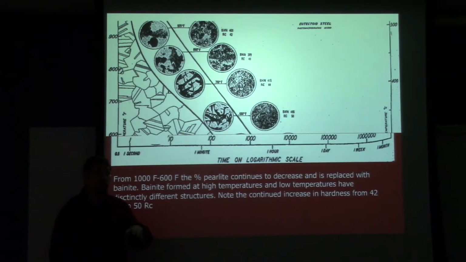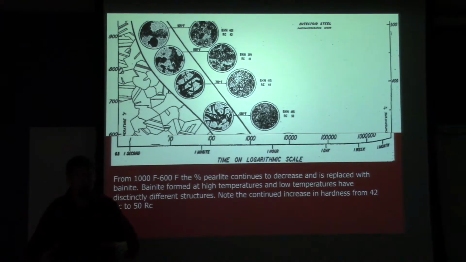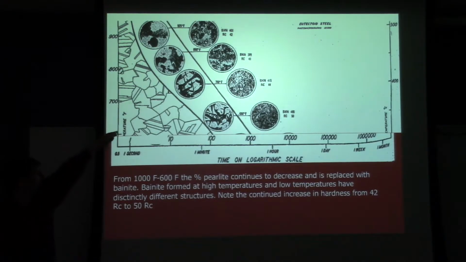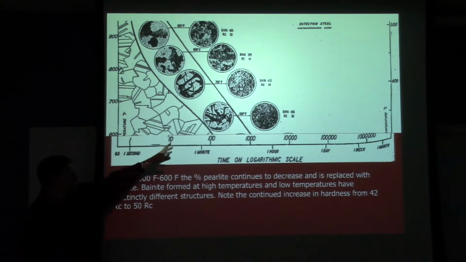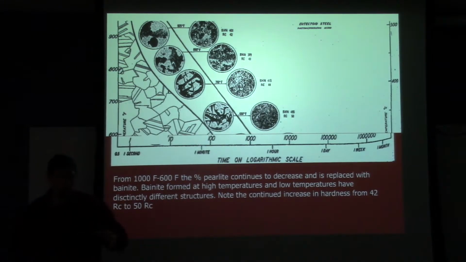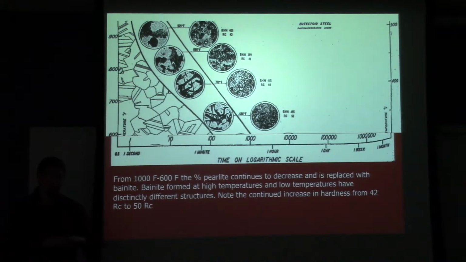And this is how we do the austempering that Dr. Metzloff mentioned. You get it rapidly cooled, but you don't cool all the way down to the temperature you need to form martensite. You cool to some intermediate temperature that gives you all bainite or a combination of bainite and some other structure, whatever it is that you want. You allow that to be maintained at that temperature till you have that transformation complete, and then you cool to room temperature.